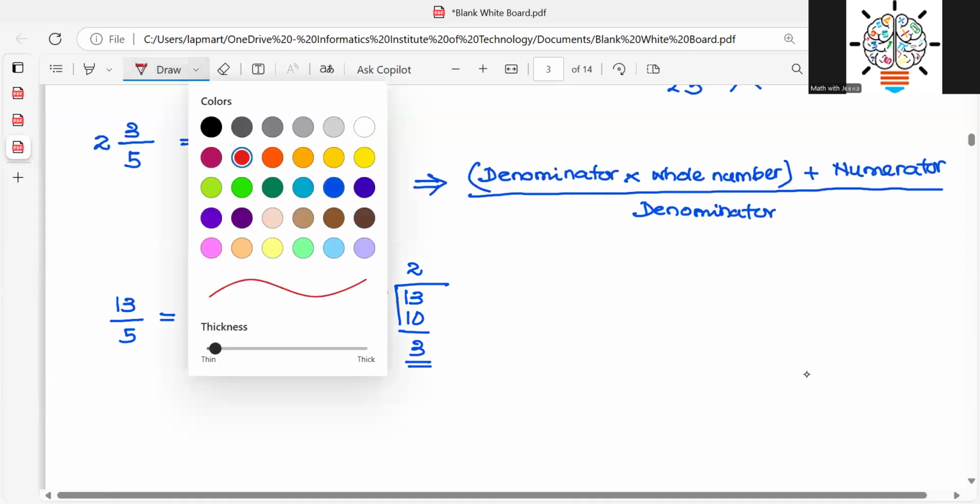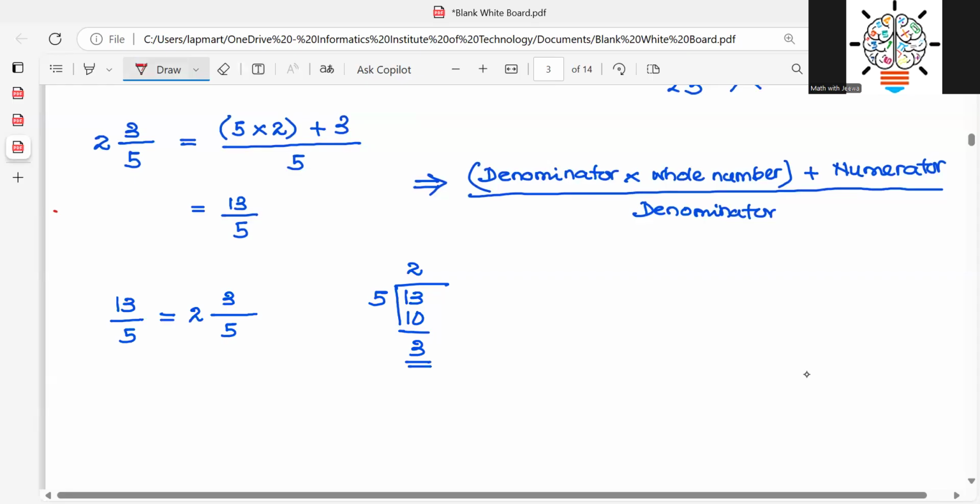And I will show you how you are going to get the values. You get the answer here, the whole number. The remainder will be here. This will be here. This is how you do it, right? Now you know how to convert a mixed number into an improper fraction, or how to convert an improper fraction into a mixed number. Okay.